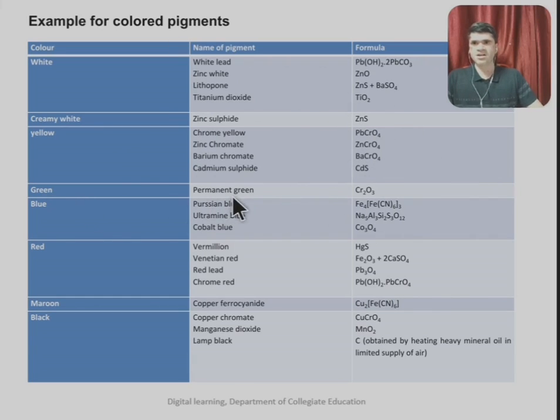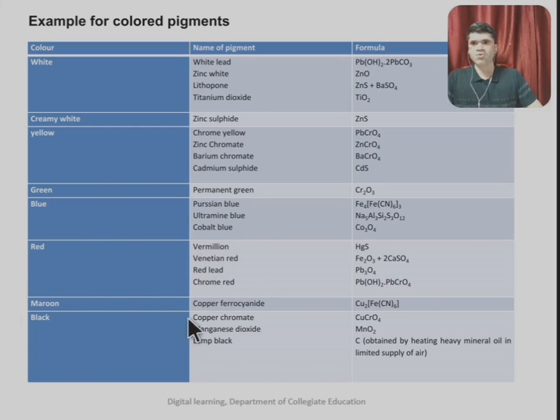Green color, permanent green. Blue color, Persian blue is there, ultramarine blue is there, cobalt blue is there. These are the different blue colors and its constituents are given here. Red color pigments, vermilion, chrome red, different varieties of red colors are also available.